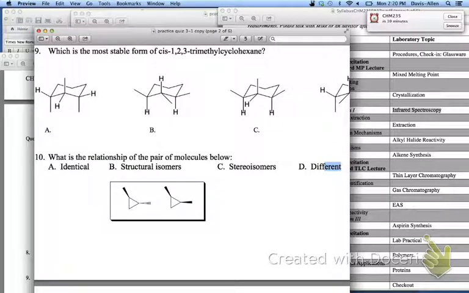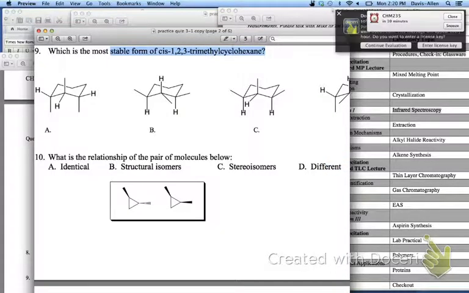Okay, as far as deciding which of these is the most stable form, what's the difference? You're putting the methyl in either the axial or equatorial position. Where should your groups preferentially be? The equatorial position. So we want to go through and find where our methyls are equatorial.